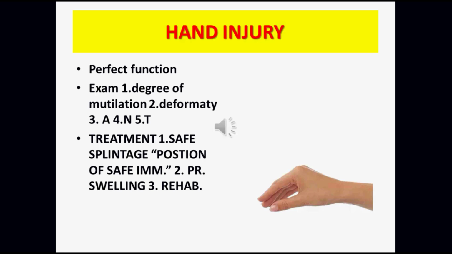So this is the position we keep the hand in to prevent shrinkage of the ligaments and decrease in the range of movement. We have to prevent swelling by elevation of the hand, and we have to start with rehabilitation as early as possible.